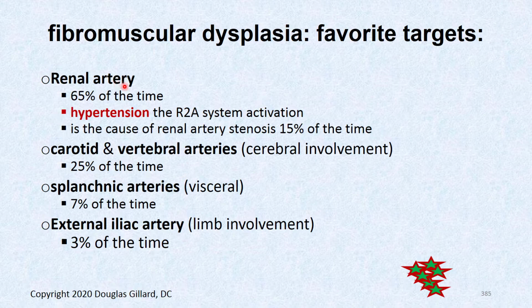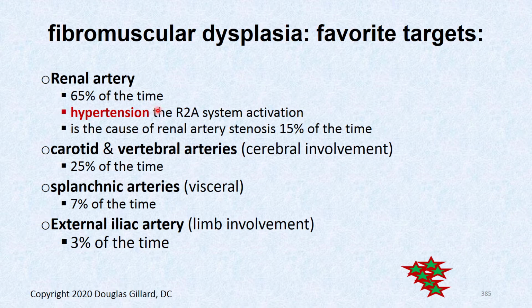In fact, it's a common cause of secondary hypertension behind, I want to say it's right behind hyperaldosteronism or the RAAS. It's right behind the renal artery getting, for whatever, low blood pressure, a beaver dam in the renal artery, or whatever the cause, turning on the RAAS system.